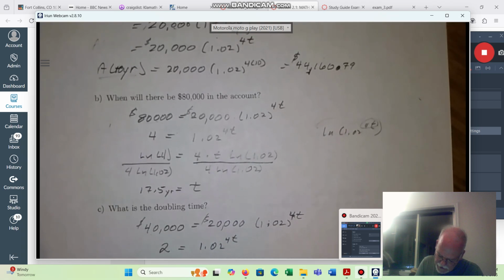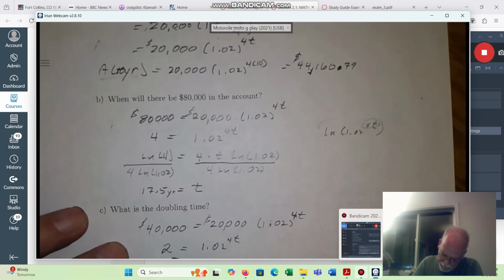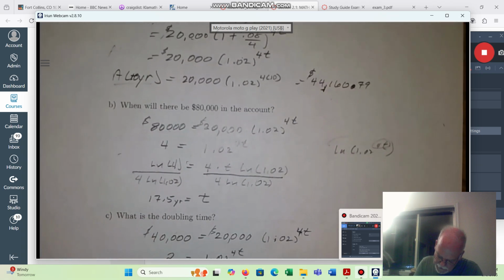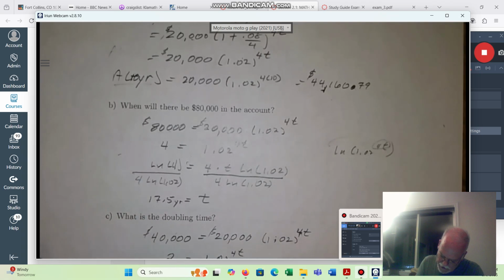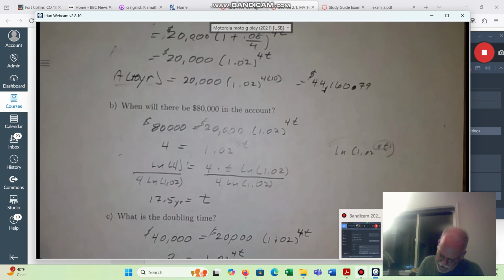Take ln of both sides: ln of 2 would equal 4t times ln of 1.02, so ln of 2 divided by 4 ln of 1.02 is equal to t.